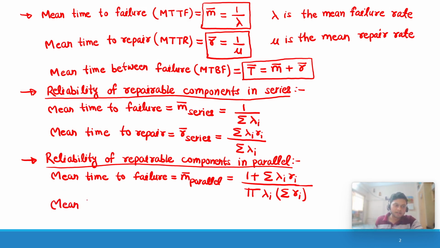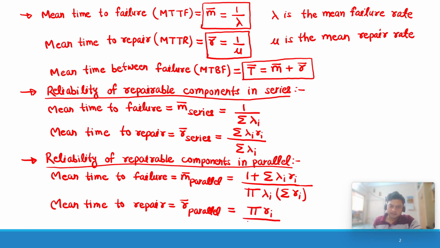And mean time to repair for parallel components, we can say it as ratio of multiplication of r i to the summation of r i. So these are the basic things we should at least keep in mind.